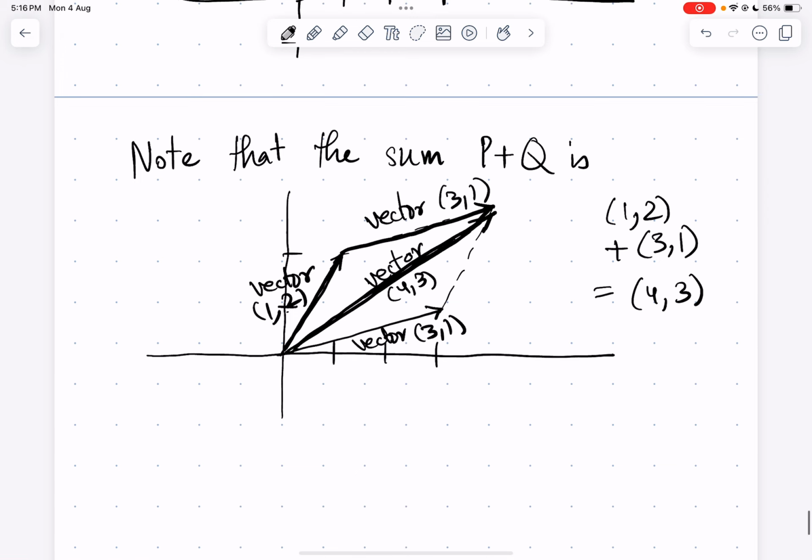Okay, so this is just one more way to interpret the addition of 2 points using vector ideas. Treating the other point as a vector, you get this natural triangle, and so this is one more interpretation.